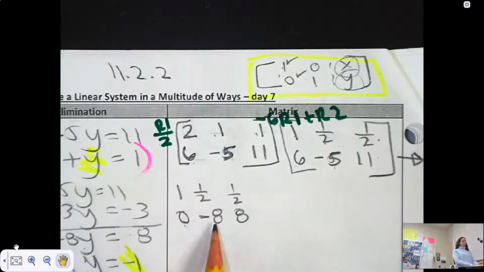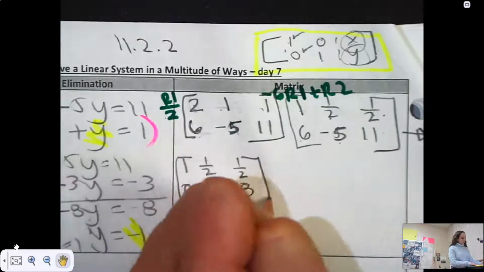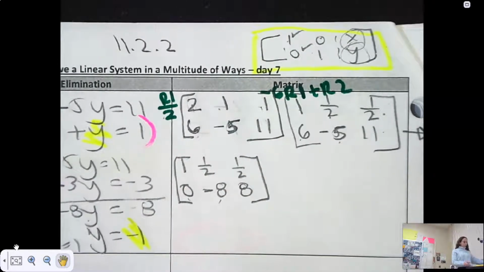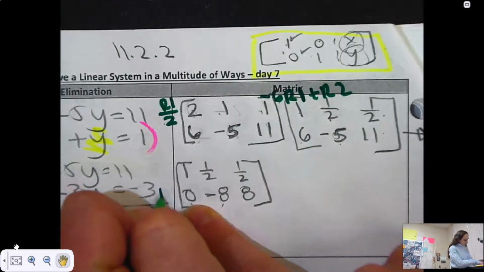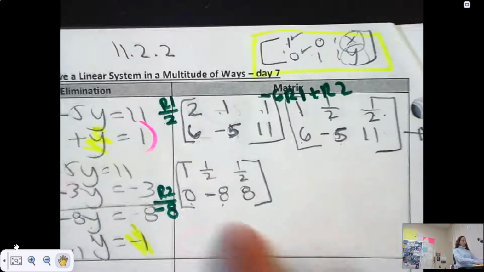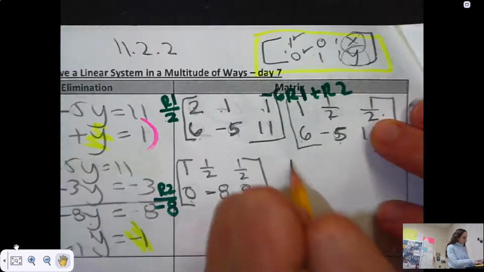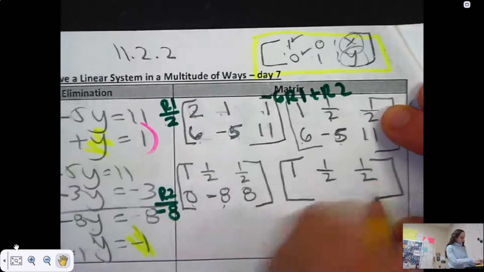Now I look here, I know that if I just take the second row, and some of you are like, how do you know what to do? It'll take some getting used to. So just for right now, I'm going to take the second row, and if I divide it by negative 8, that would turn into a 1. Which means I'm not doing anything to the first row again. The first row is fine. So I keep it.